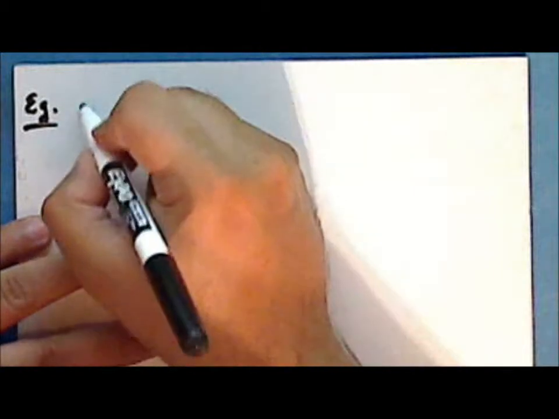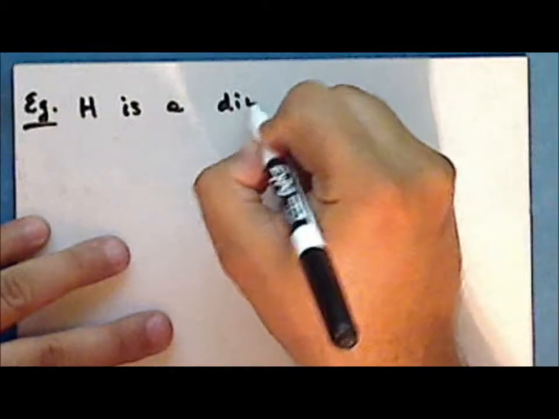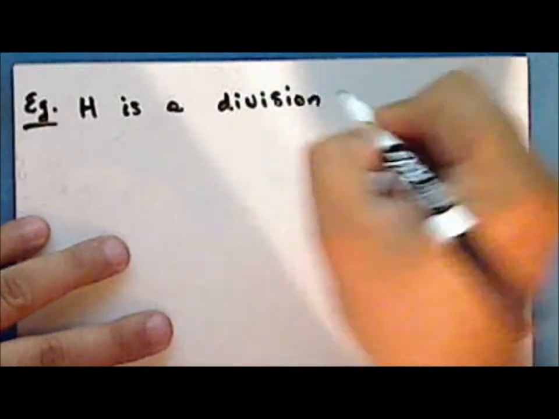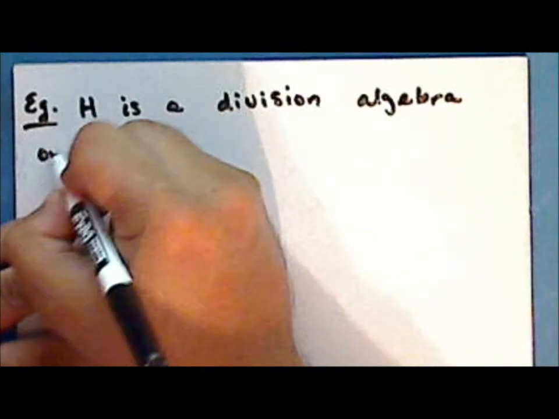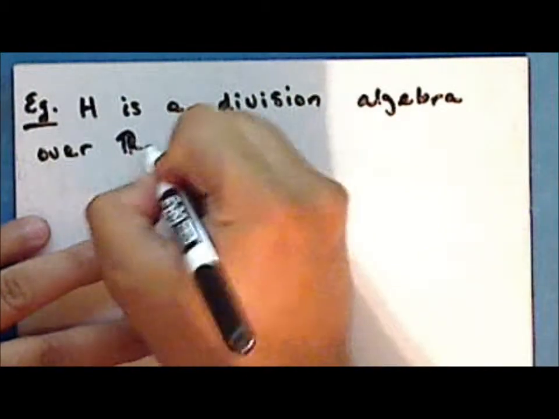So for example, we will show that the quaternions is a division algebra over the field of reals.